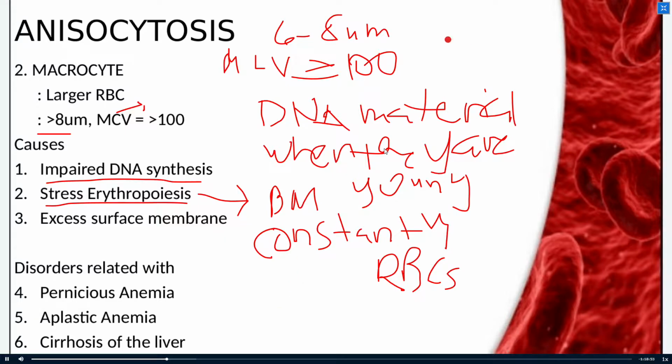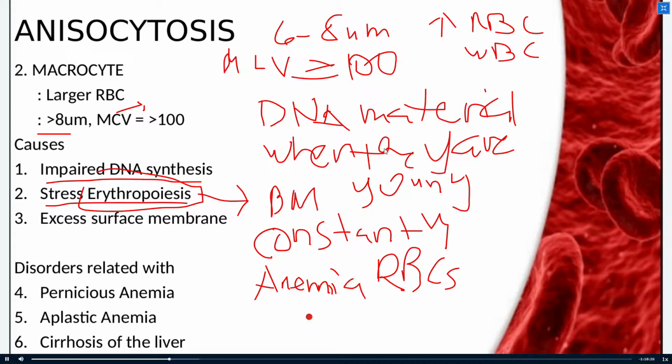Polycythemia, yes, but I'm talking about erythropoiesis. Polycythemia includes all your cells here, RBC, WBC. What kind of disease or event could cause your stress erythropoiesis? Okay, anemia is one, good. Remember, class, when you have anemia, you would have decreased RBC, decreased hemoglobin.